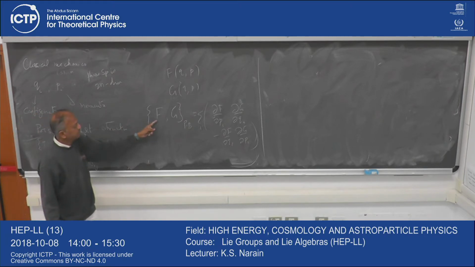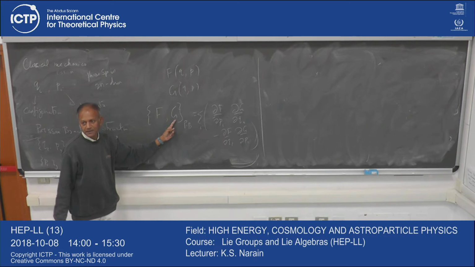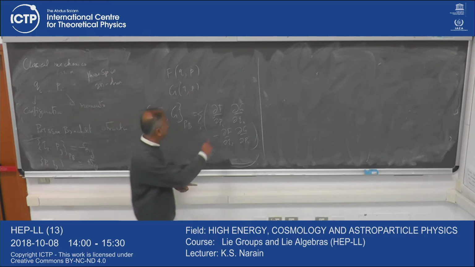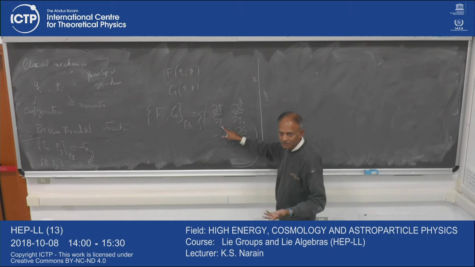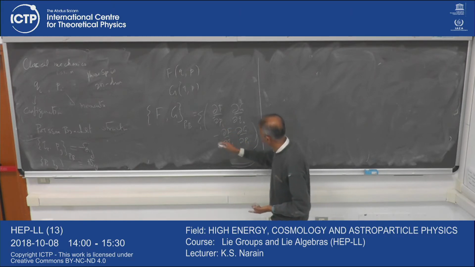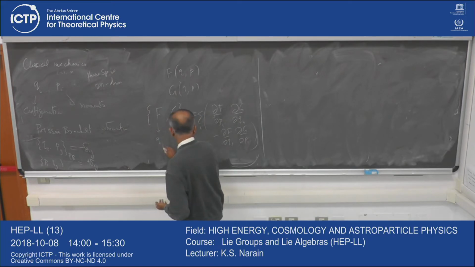Take f to be simply qi, and g to be pj, let's say. A particular function, qi and pj. Then you apply that, and this term drops out, because df by dp is only qi. So let's say f is qk, and g is pl.